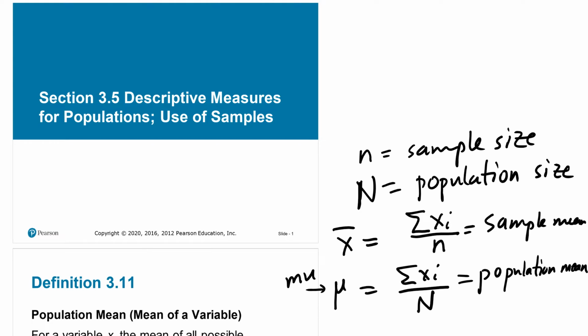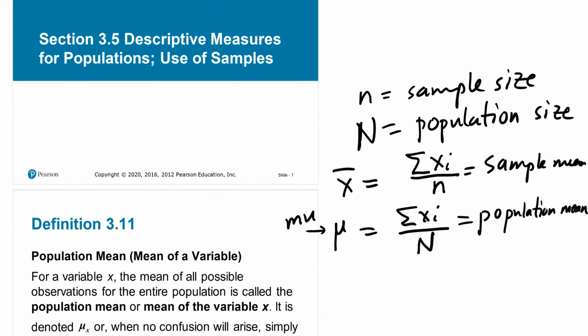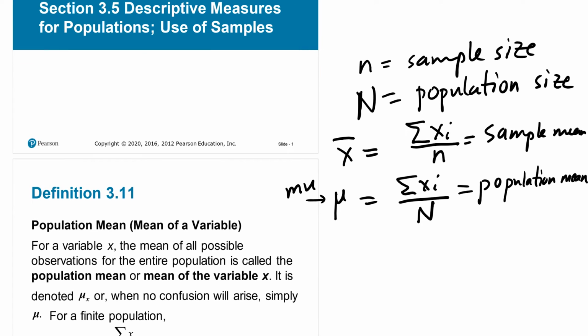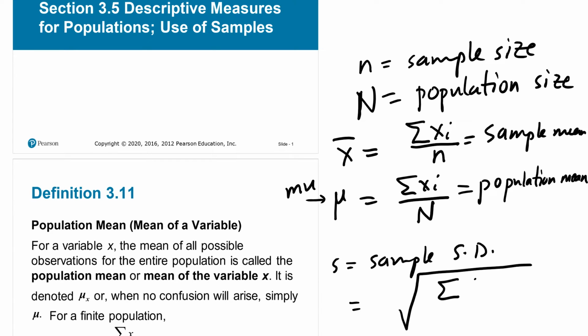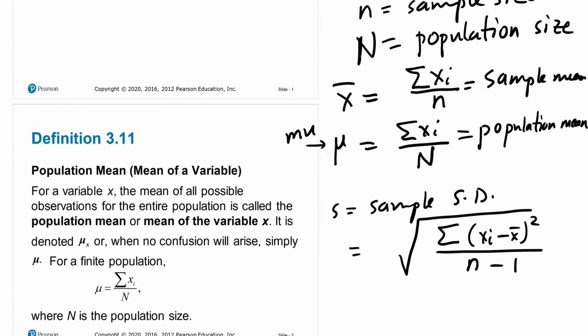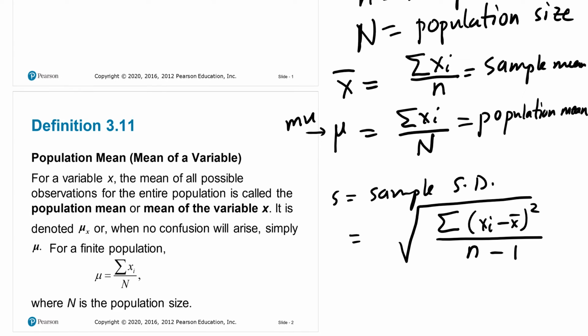Another thing we learned before is small s, which is the sample standard deviation. The formula was the square root of the sum of xi minus x bar squared, divided by n minus 1. Here we introduce a new variable, the Greek letter small sigma.